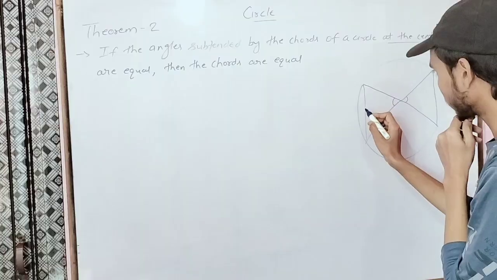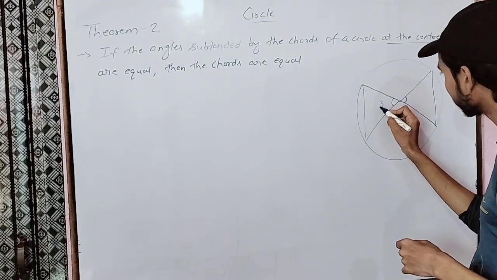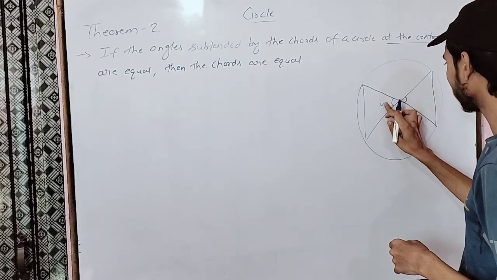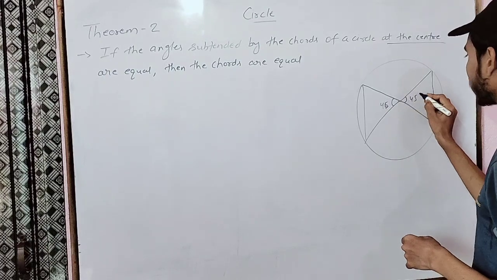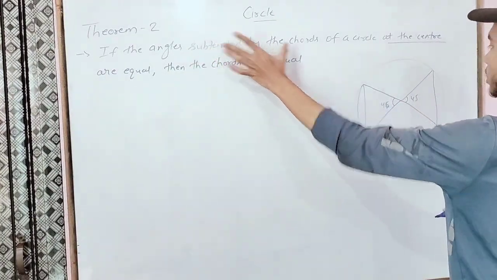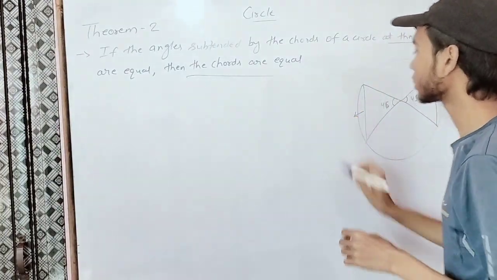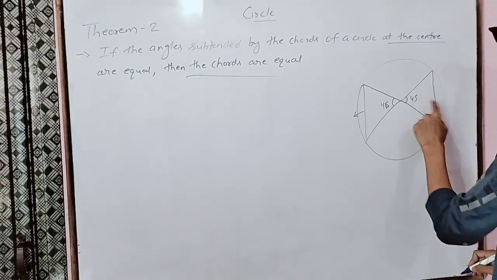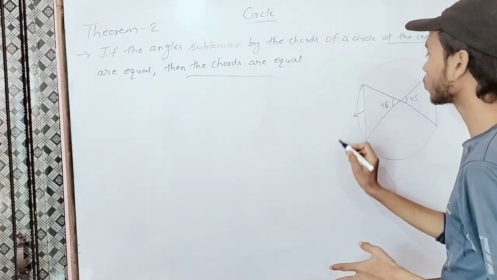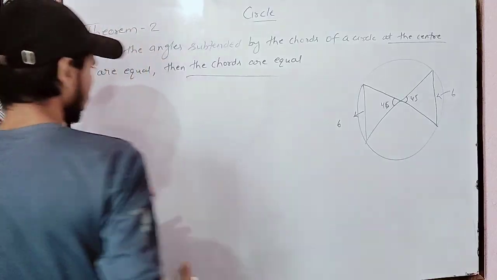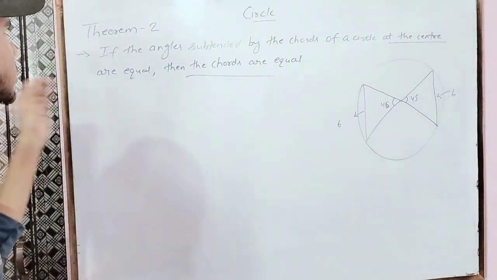So if this is 45 and this is 45, then the measure of the chords will be equal. Let's say this is 6, and this is also 6. This was just the opposite of the previous theorem.